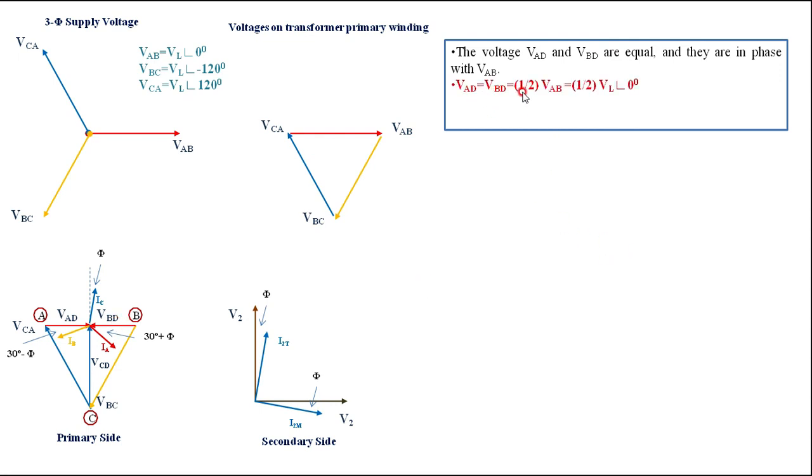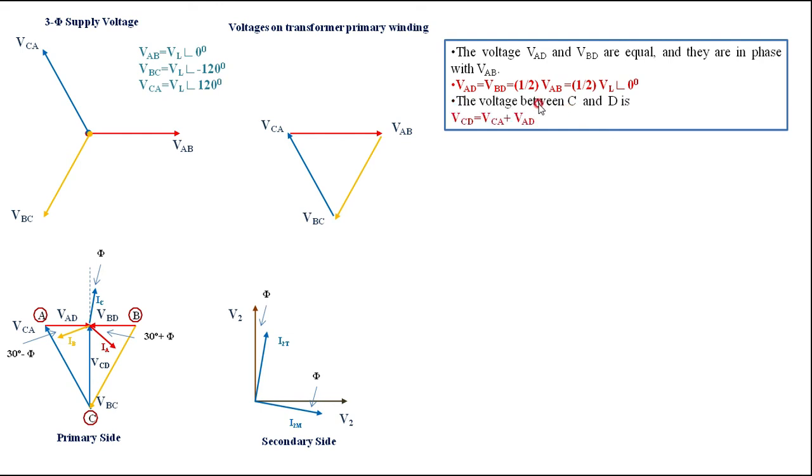Therefore, VAD is equal to VBD is equal to half of VAB, that is half of VL at an angle of 0 degrees, because VAB was taken as VL at an angle of 0 degrees.